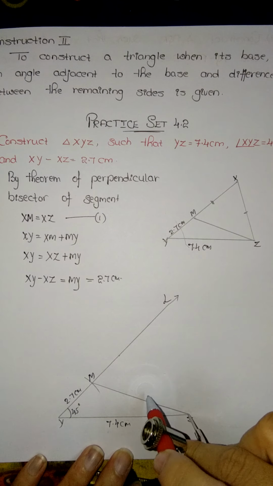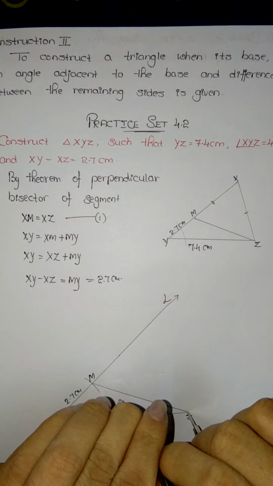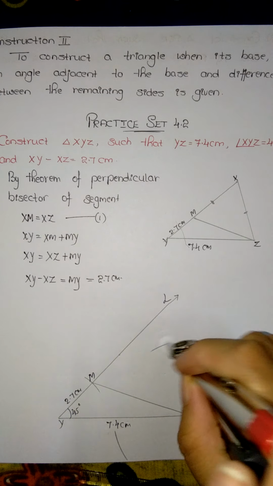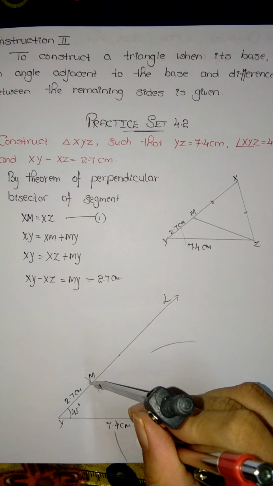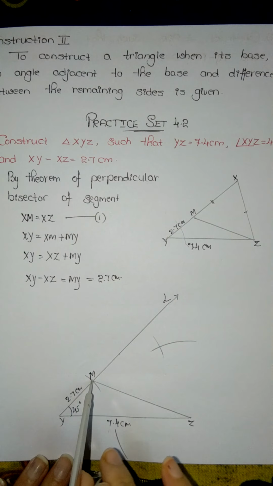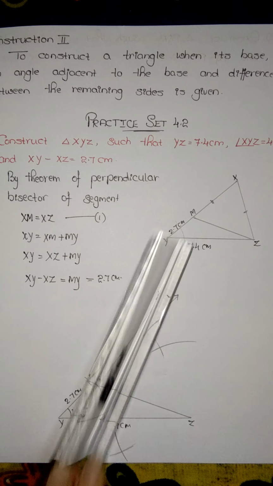Now draw a perpendicular bisector for this, like this. Similarly, keep the compass on point M, cut this and join.